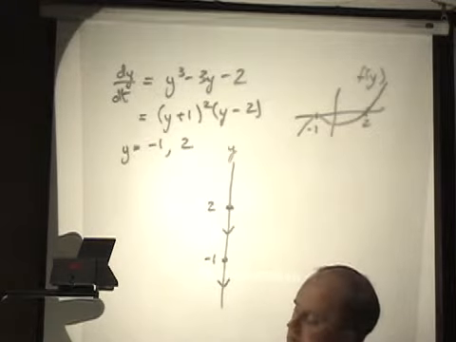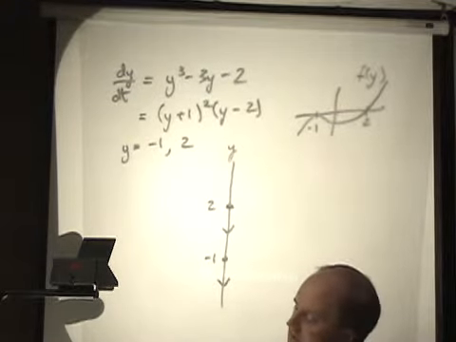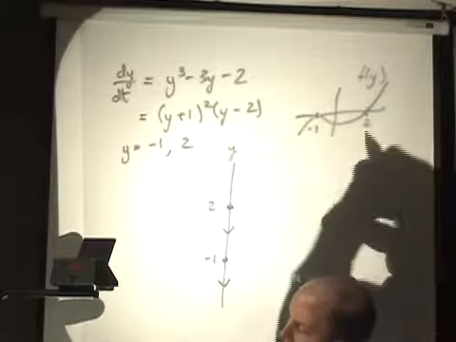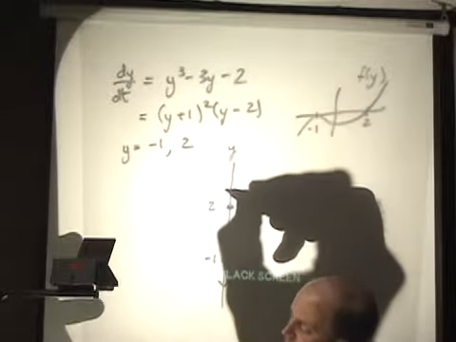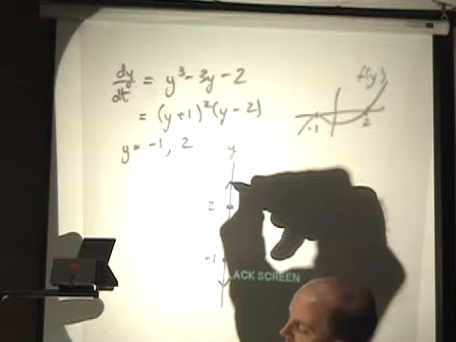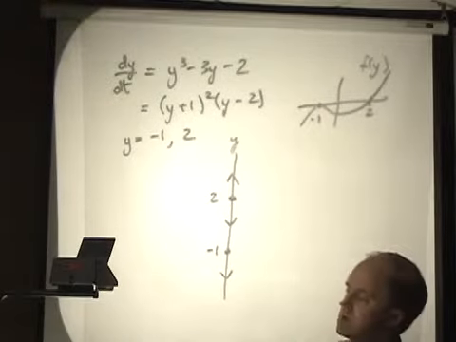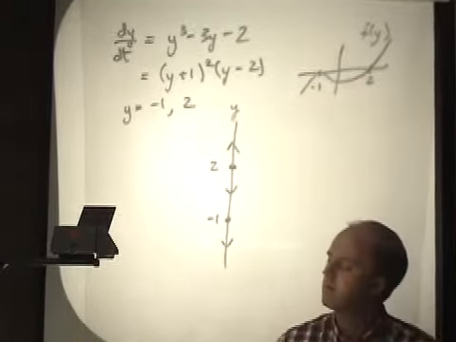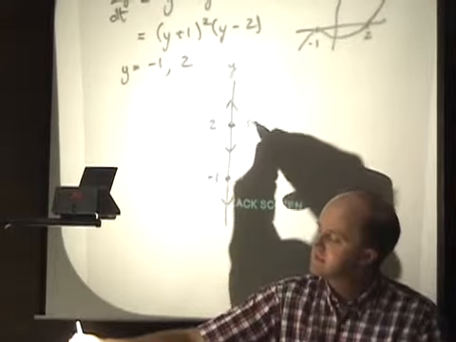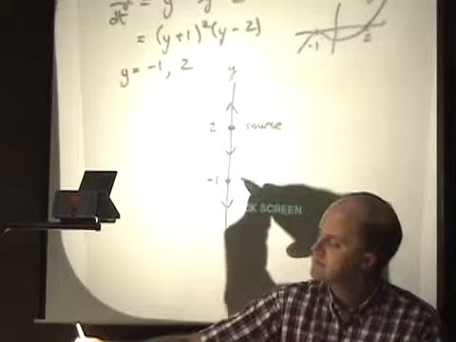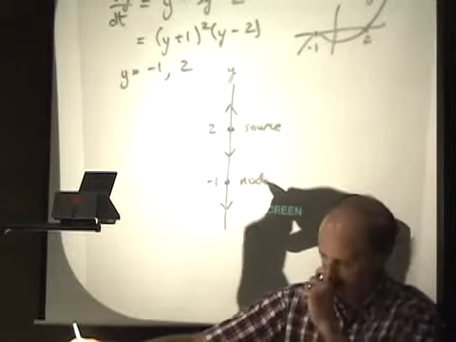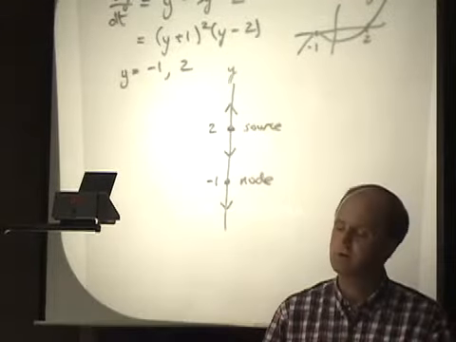Solution curves are decreasing for initial conditions in those places. And when y is bigger than 2, f of y, the right-hand side, is positive, and therefore you're going to get increasing solutions. Draw an upward pointing arrow. This is going to be a source, and this is going to be a node. And that would be the phase line for this equation.